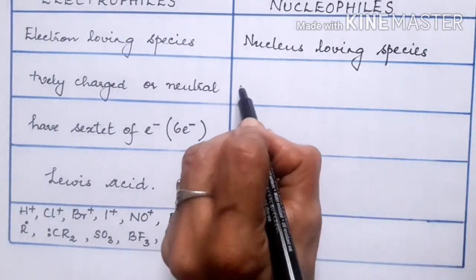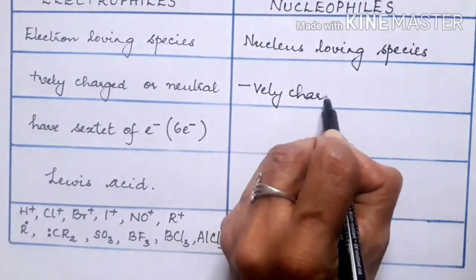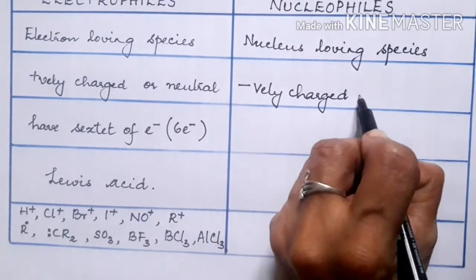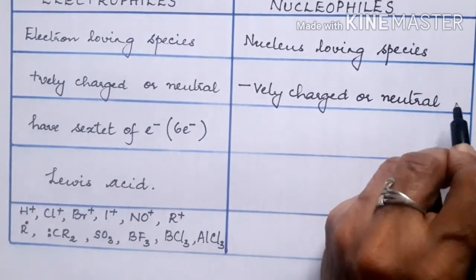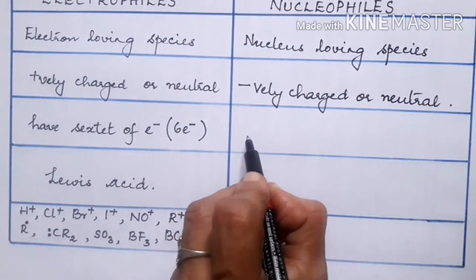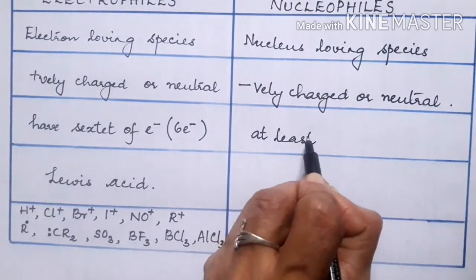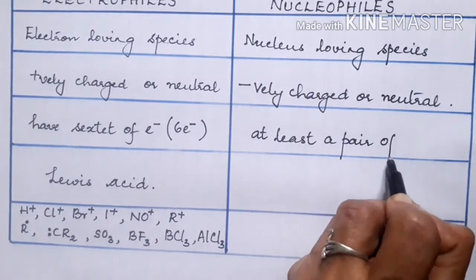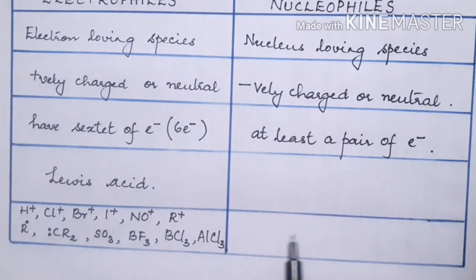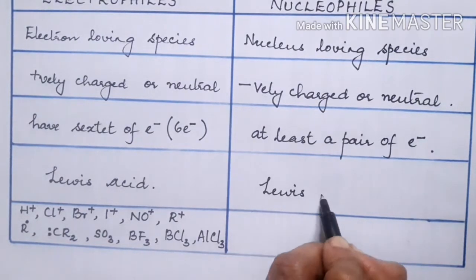So it will be either negatively charged or neutral in nature. They essentially have at least a pair of electrons on it. So it acts as a Lewis base.